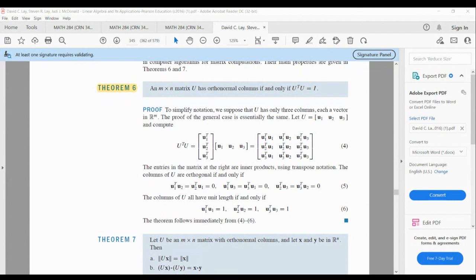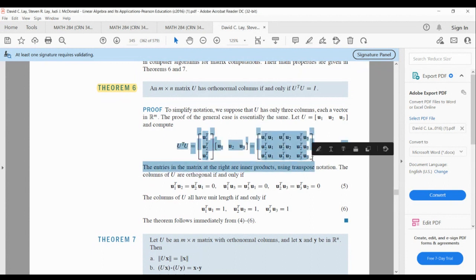U transpose would be an n by m matrix, and U is an m by n matrix, so the identity is n by n. If the column vectors of U are orthonormal to each other, then U transpose U would have to equal the identity. They show that below in the proof. It's a fairly simple proof. Okay, very simple proof.